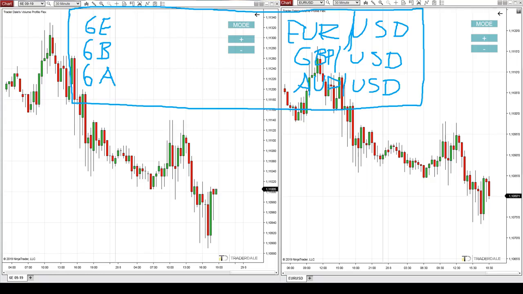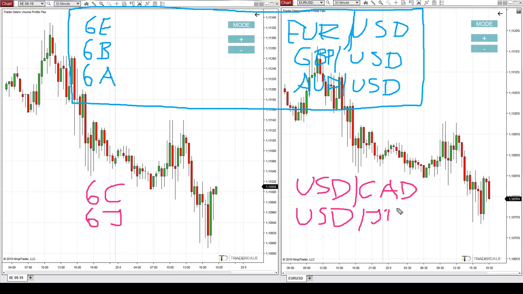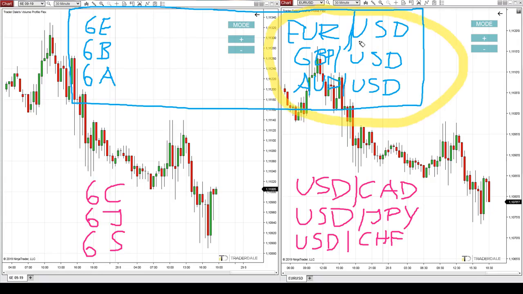However, it is a bit more complicated for futures on the Canadian dollar, Japanese yen, and the Swiss franc. The reason is that in this case, the American dollar is quoted on the right side like this: euro dollar, British pound dollar, Australian dollar, US dollar.